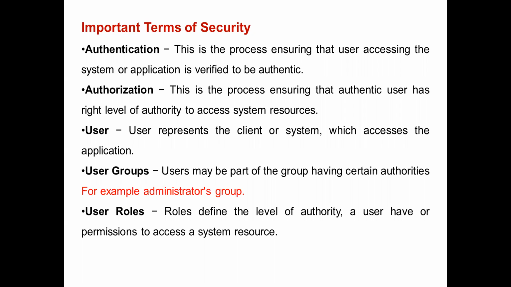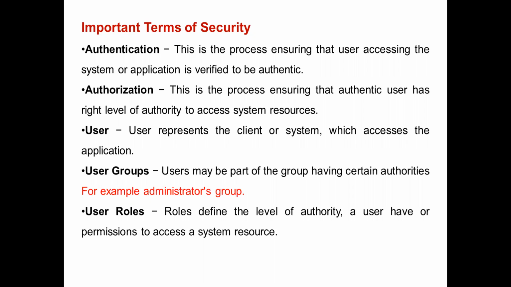Then what is a user role? A role defines the level of authority, the level of permission to access a system resource. Admin is one kind of role, the developer is another role, and the tester is also a role.